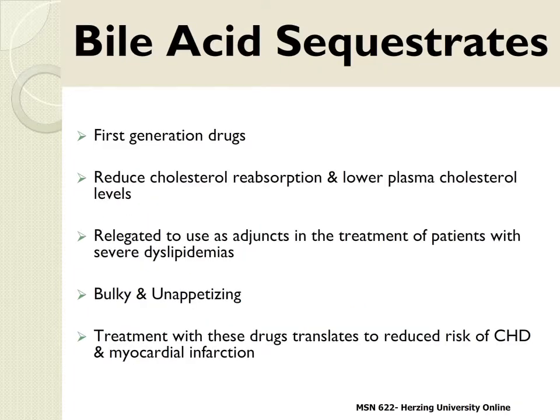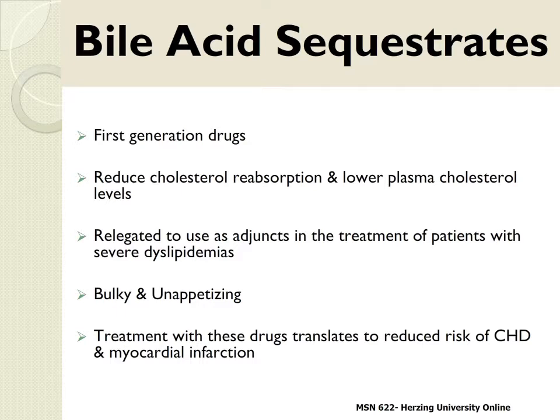As the bile acid pool is depleted, the hepatic enzymes increase the conversion of cholesterol to bile acids, and subsequently increase the hepatic demand for cholesterol, and this causes increased synthesis of hepatic LDL receptors, and therefore your plasma LDL levels go down.